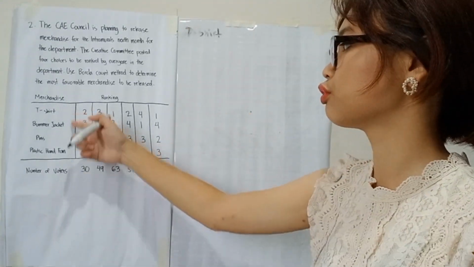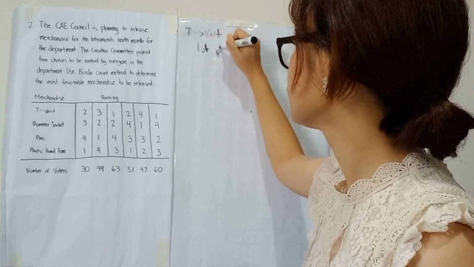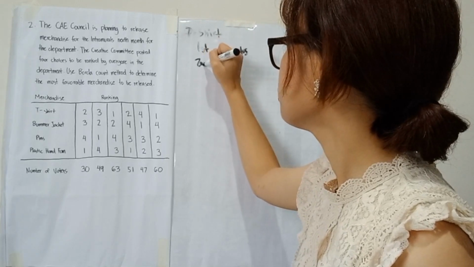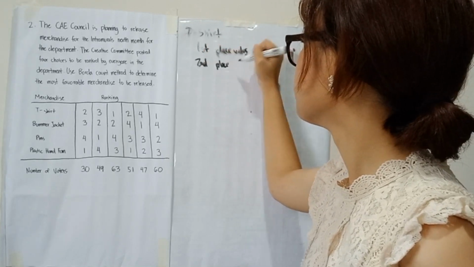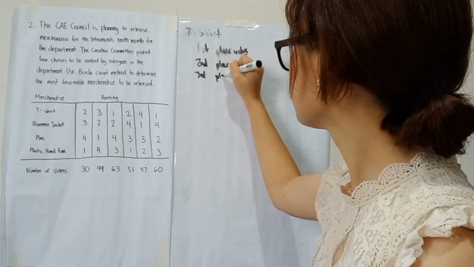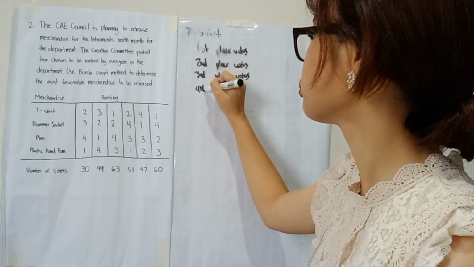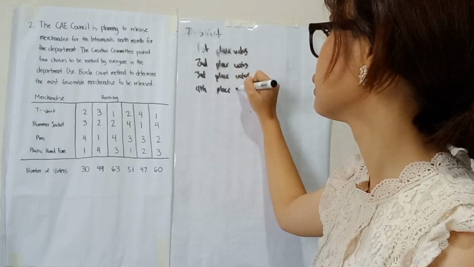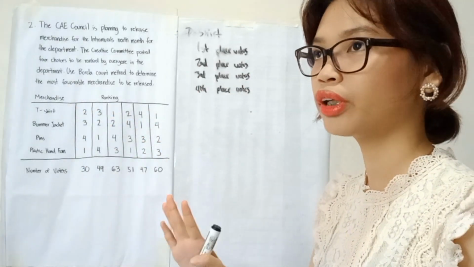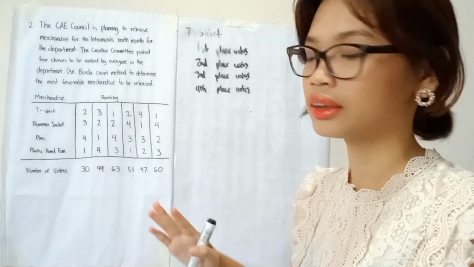Since there are 4 choices, there are first place votes, second place votes, third place votes, and fourth place votes. Since there are 4 choices, there are four places. So in ranking there are also 4 rankings.